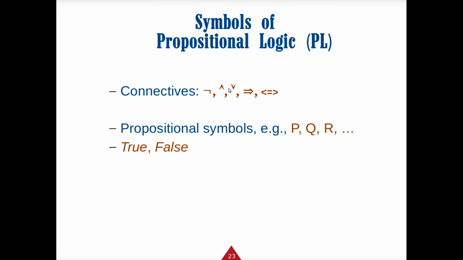This V represents or. This means if then, and this means if and only if. The way I remember these is that the if-then one and if and only if are easy, because one means this implies, and the other means this implies exclusively.